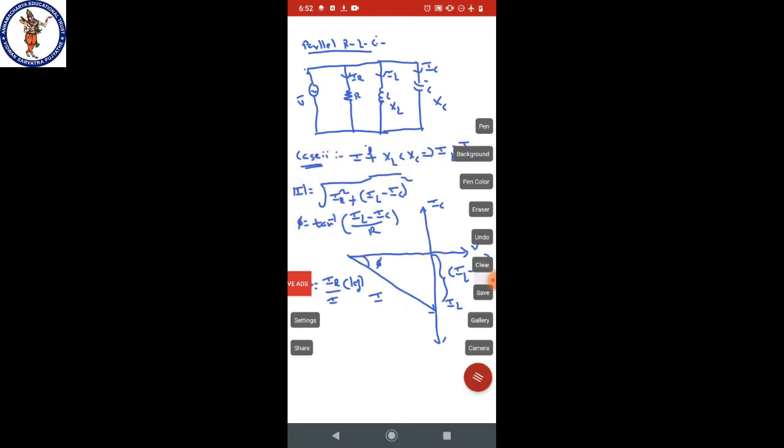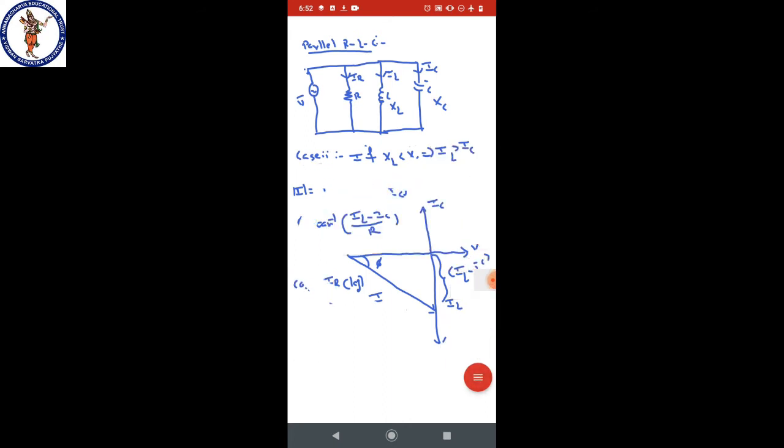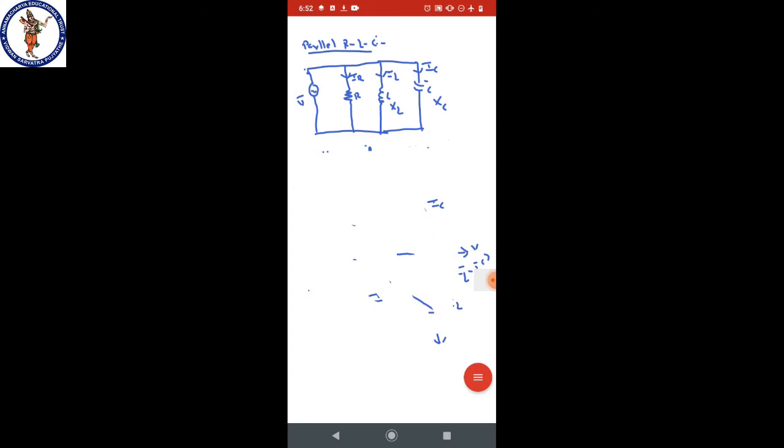Next we go for the case 3 condition. What will we get?